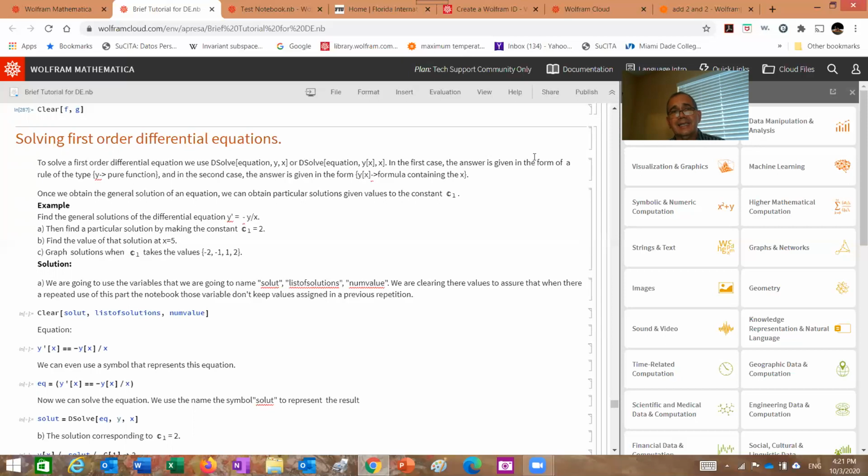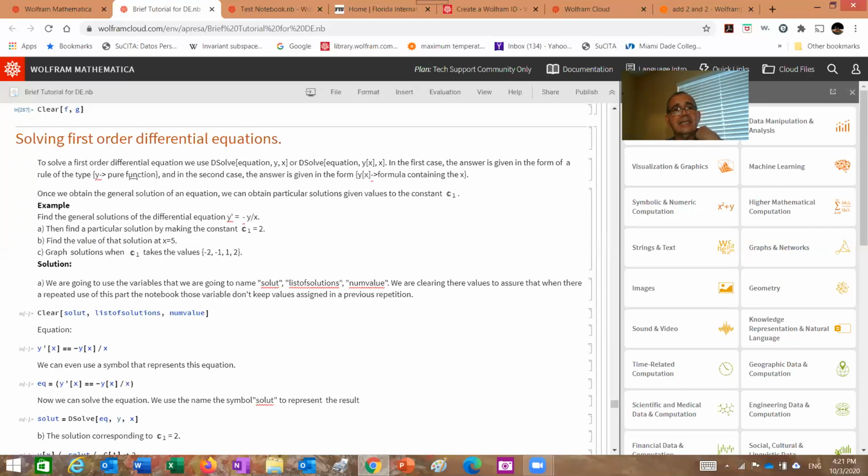In the first case, the answer is given like a rule that assigns to y a pure function, if this function exists or is easy to find. Now, in the second case, the answer is given in this form: the y of x, the function evaluated at x, when it is a solution, is given by a certain formula.